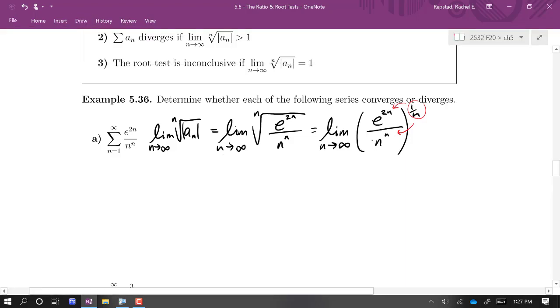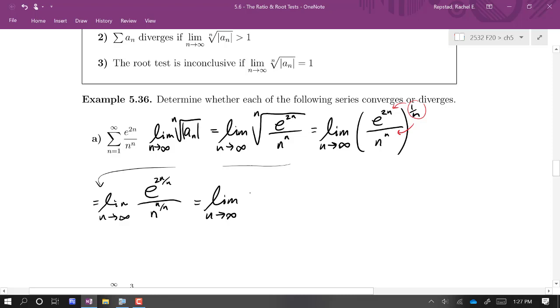So that becomes the limit as n approaches infinity of e to the 2n over n to the n over n. So I have e squared over n.